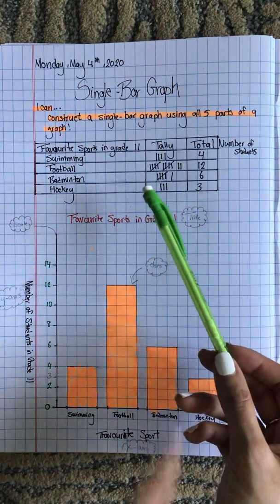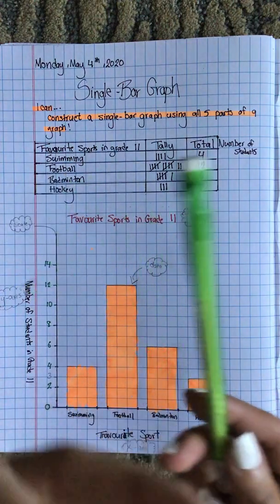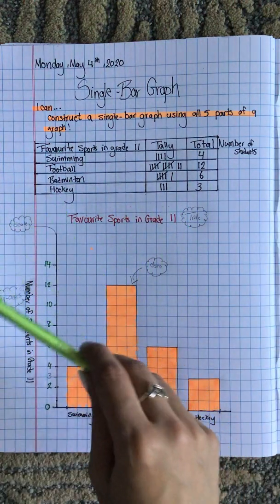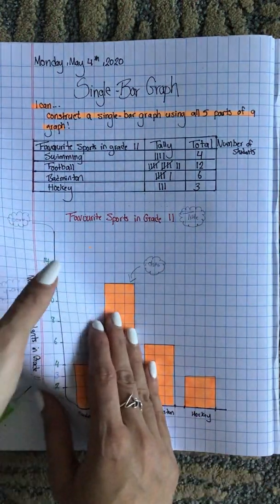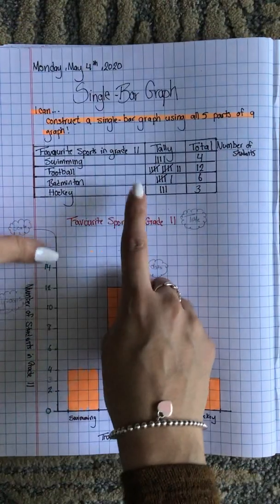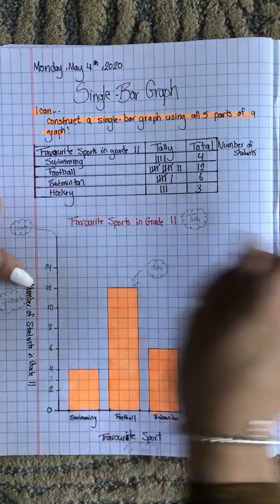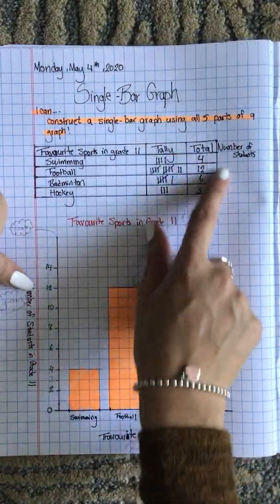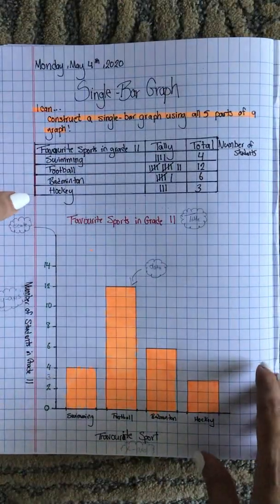Remember when you went around and asked your family members what their favorite iftar food was, or some of you asked what your favorite fruit was, or whatever it is, I want you to flip the page and make your own single bar graph. Take that chart that you did on Wednesday or Thursday. Everyone asked their family members something, and I want you to do it on your own just to get some practice because tomorrow I'm moving on to double bar graphs, okay?